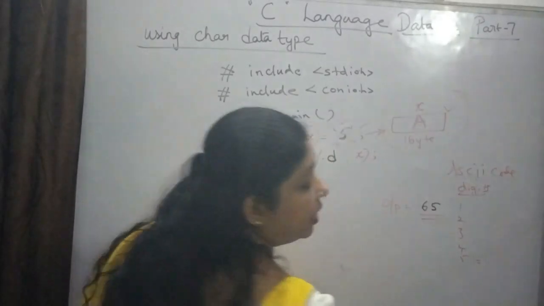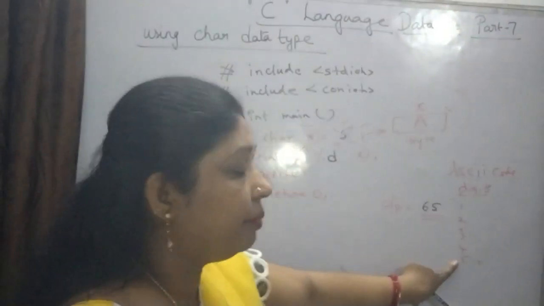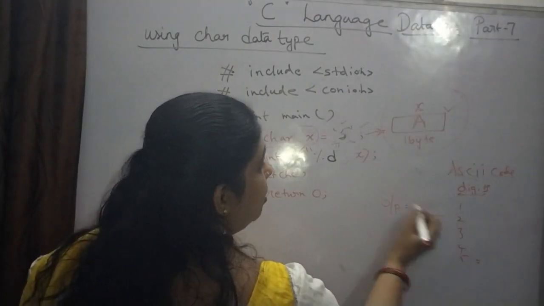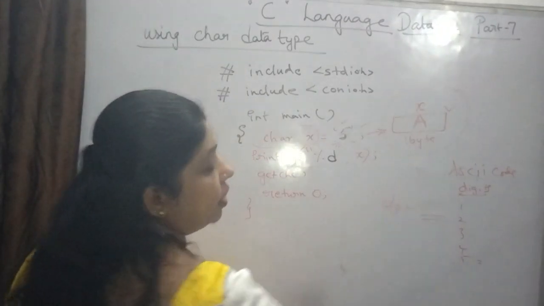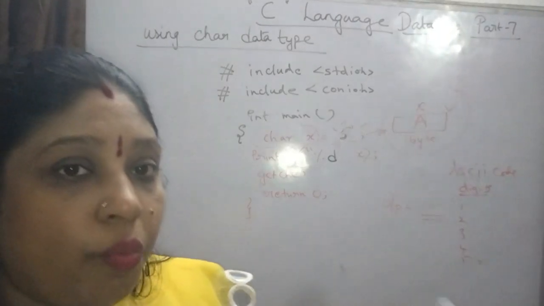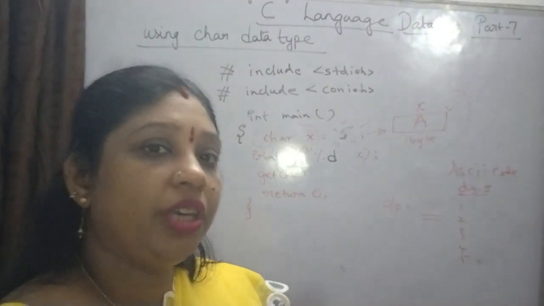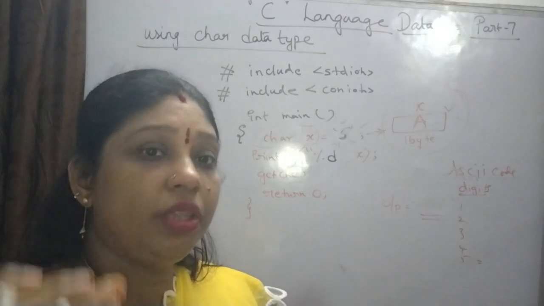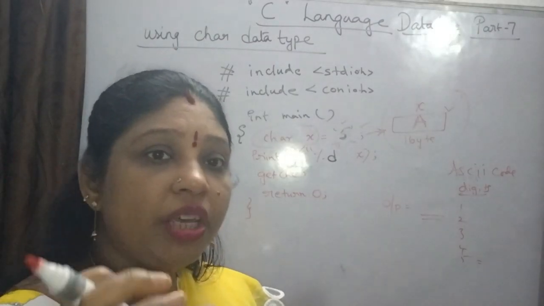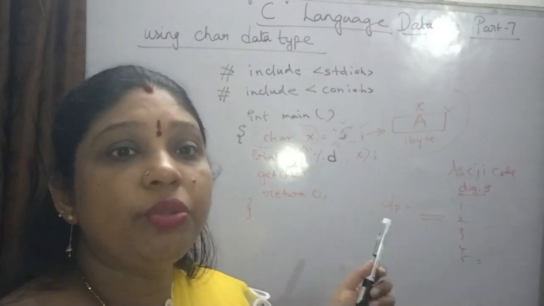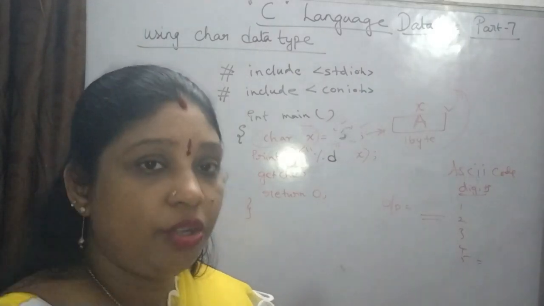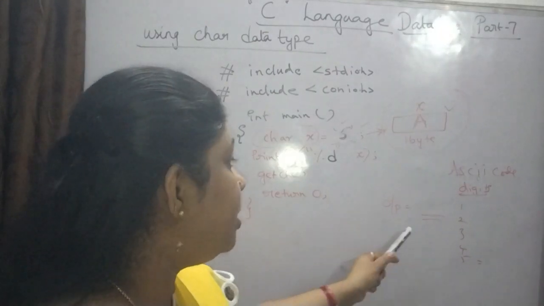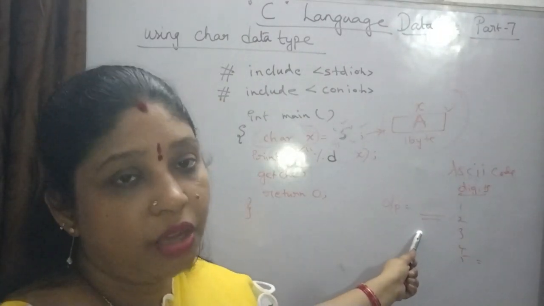That numerical value will be displayed here and not 5. That means a unique numerical value has been given to each digit. So that numerical value, which is called the ASCII code, is displayed in the output.